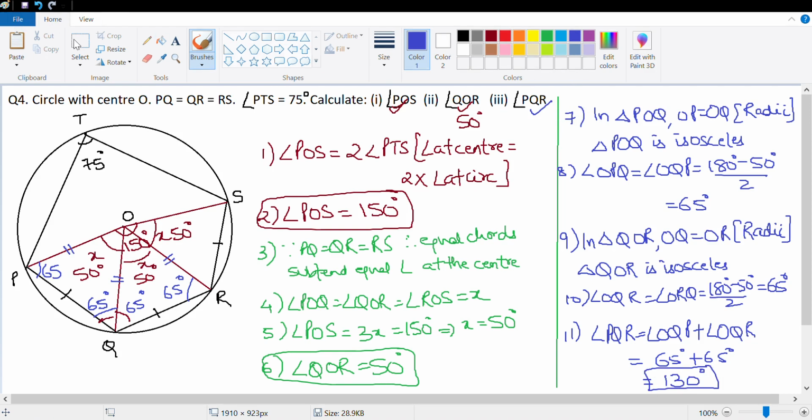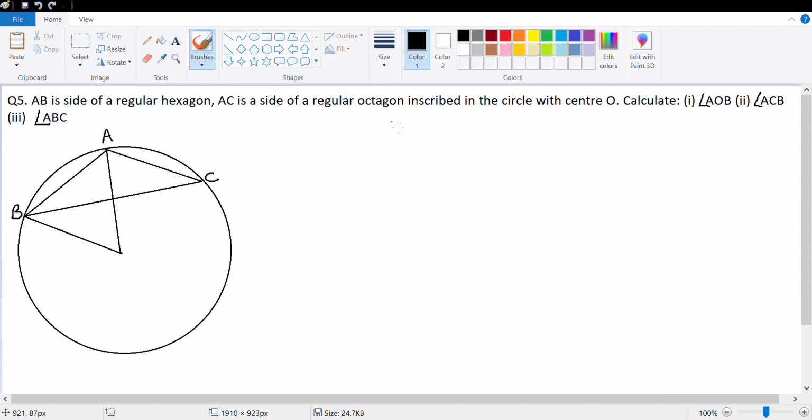Let's look at the next question. The next question that we do is question number 5. Question number 5 says, AB is the side of a regular hexagon. AC is the side of a regular octagon. The center is O. We need to find AOB, this angle. So this one is simple.